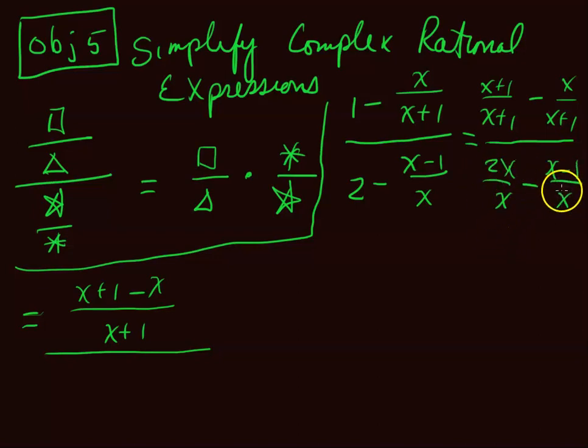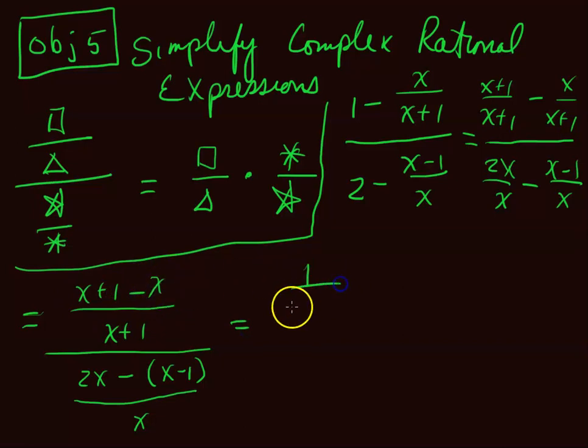Well, now we can combine the denominator's fractions: 2x minus, now be careful, this is an x minus 1 that you're subtracting, all of that, over that common denominator x. So this then becomes, let's see, x minus x, so this is just 1 over x plus 1, over 2x minus x is just x, and minus a negative 1 is plus 1, over x.